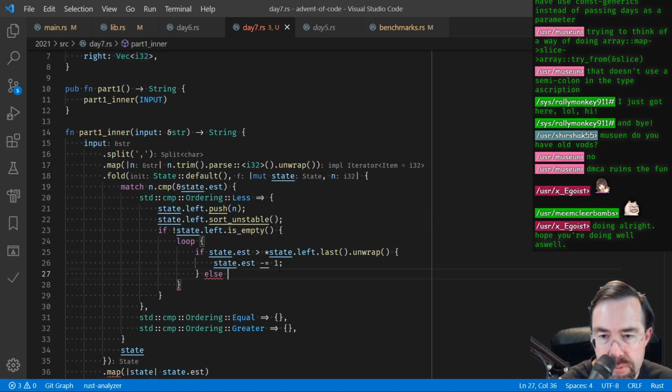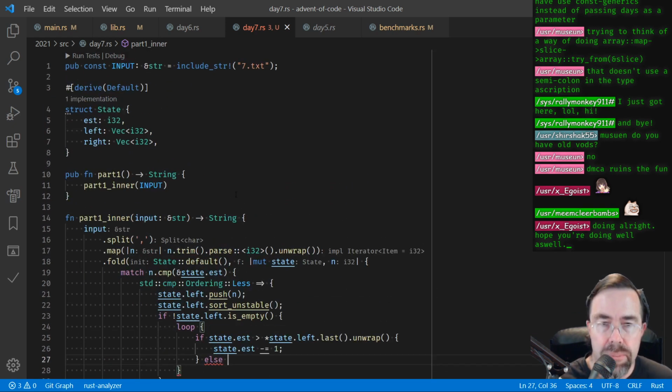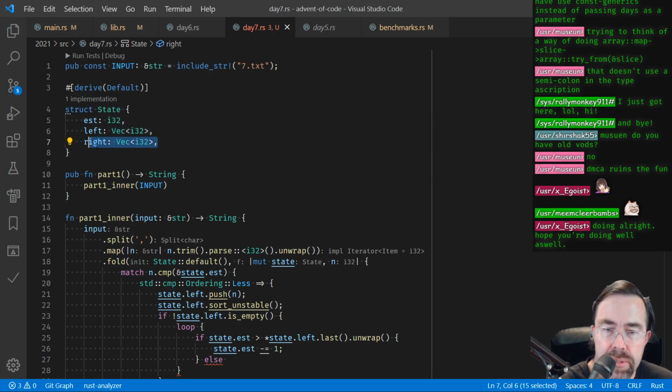If it's equal, we want to stop. Actually, I don't want to track, in my mind, just how many are on the left and how many are on the right. We want the number of numbers. Yeah, okay, I'm going to change this.